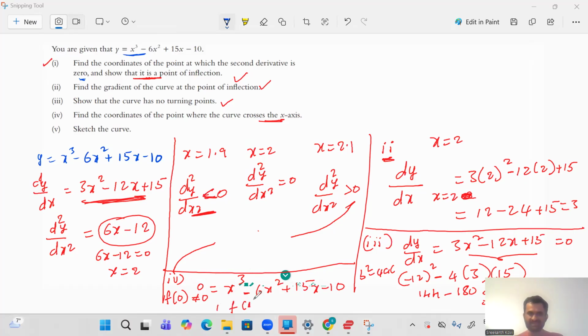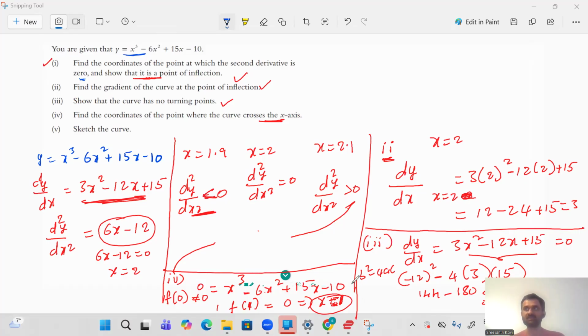If you replace x as 1, 1 minus 6 plus 15 minus 10 is equal to 0. Meaning x equal to 1 is a solution. You already know that it has no turning points, and you know that it crosses the x-axis at x equal to 1.